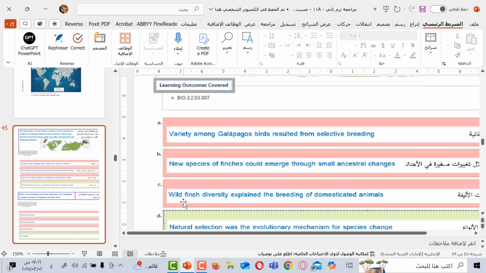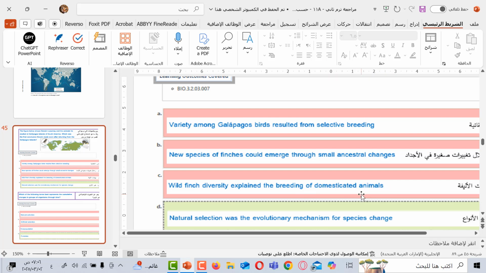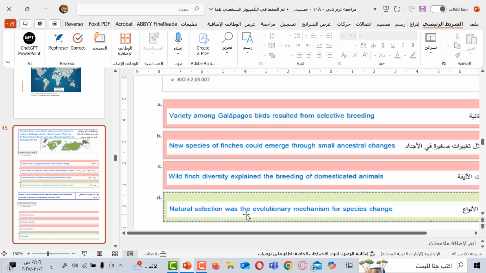No. Can wild finch diversity be explained by the breeding of domesticated animals? No. Natural selection, because when he returned, he thought the main thing in his theory is based on natural selection, the evolutionary mechanism for species change.